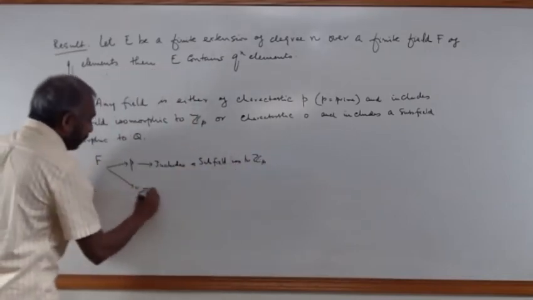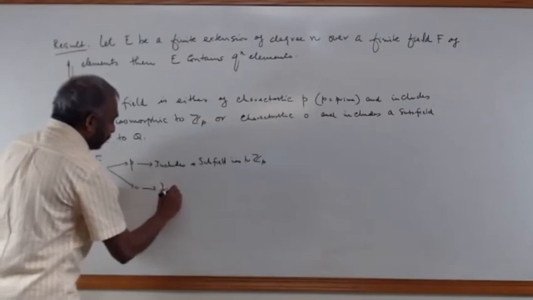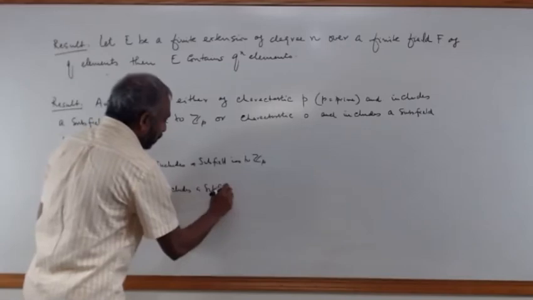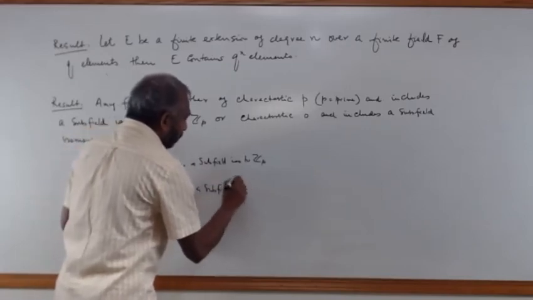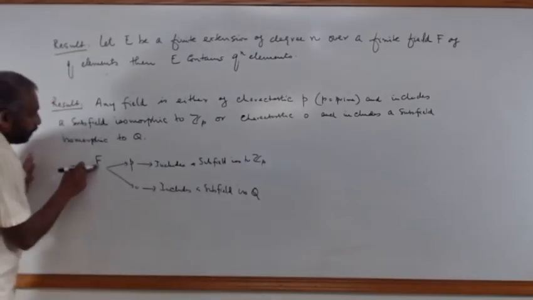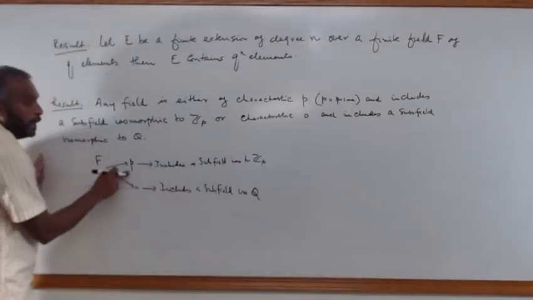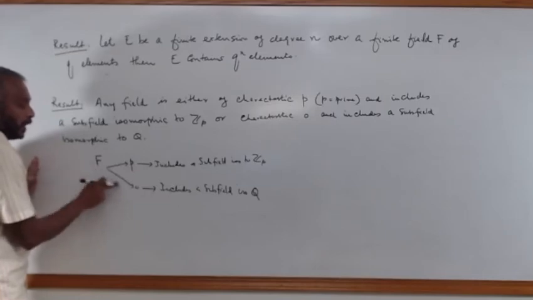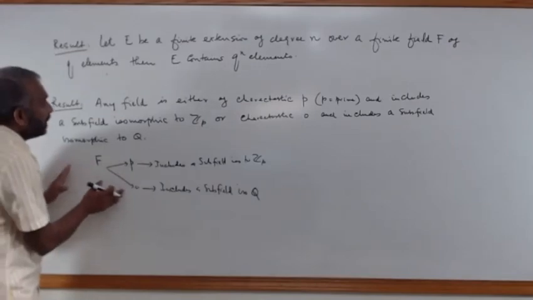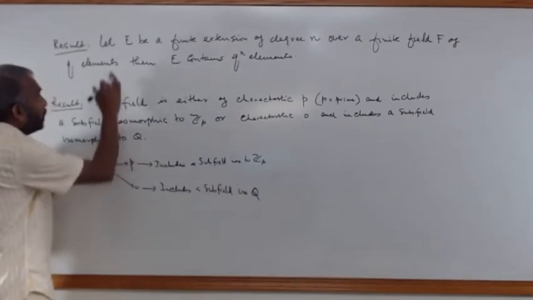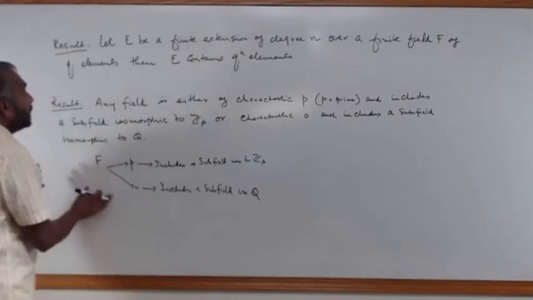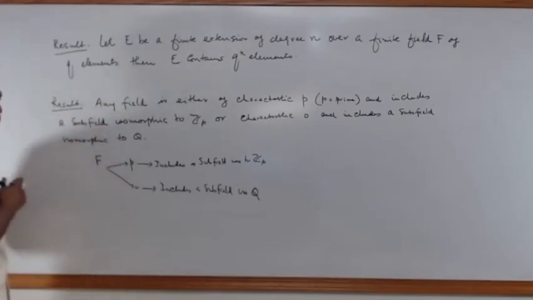If it is 0, then it includes a subfield isomorphic to Q. Basically, when it is characteristic p, then it is finite. Otherwise, it is 0. These two results we are going to use to find out how many elements are there in a finite field.